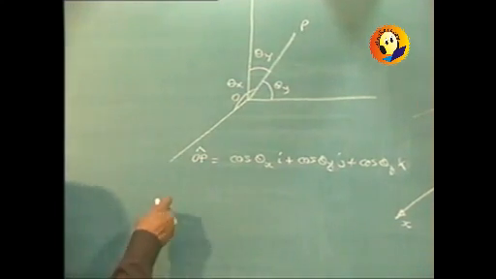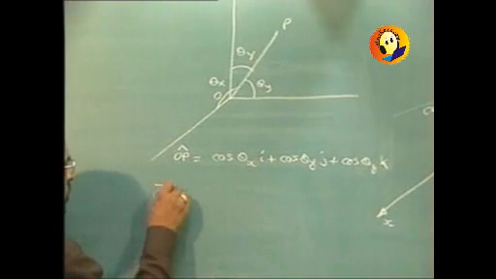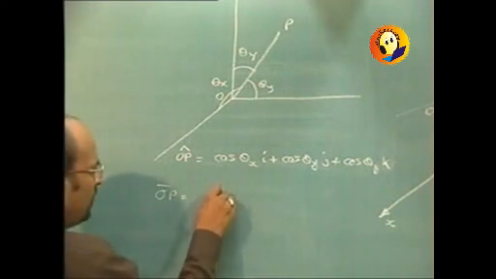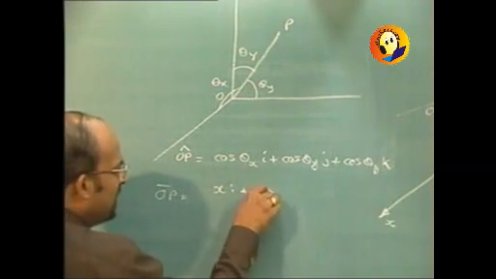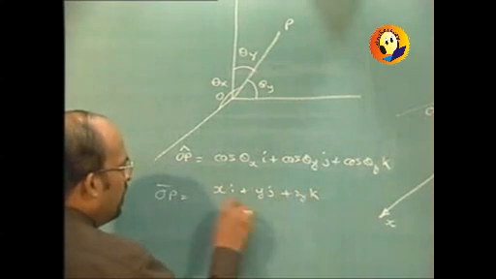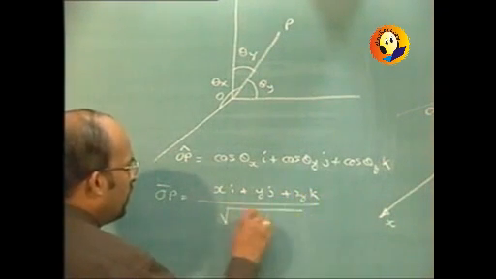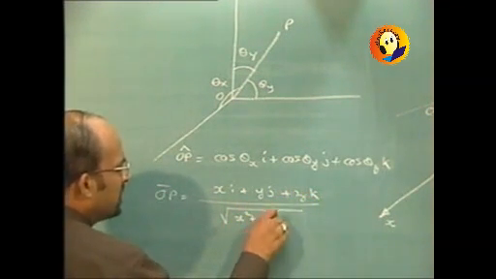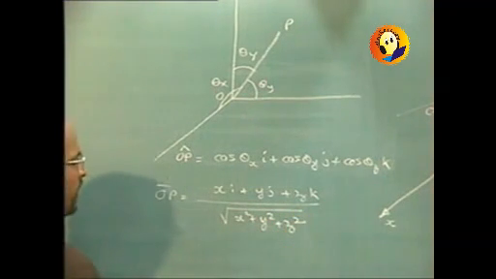But we have just now written that OP cap can also be written as (x i plus y j plus z k) upon under root of x square plus y square plus z square.